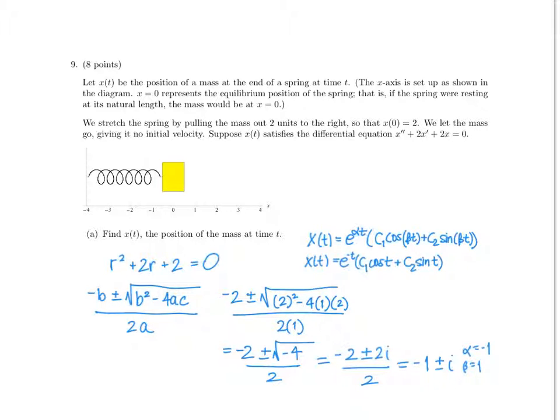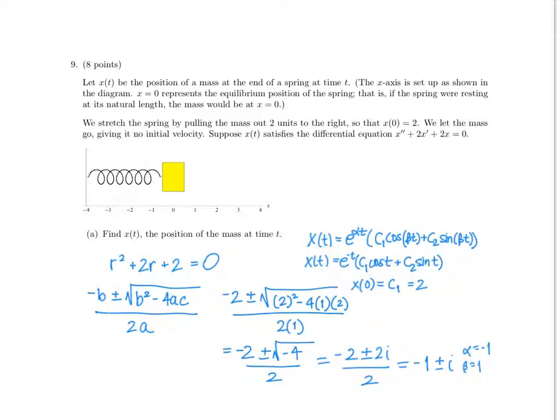The first thing we need to do is consider this initial condition, that the position at time t equals 0 is 2. Well, if we plug in 0 for t and set this whole thing equal to 2, what condition will that require of our two constants?